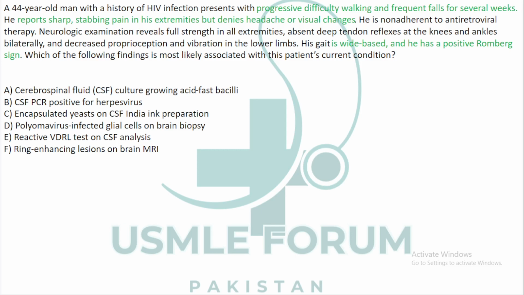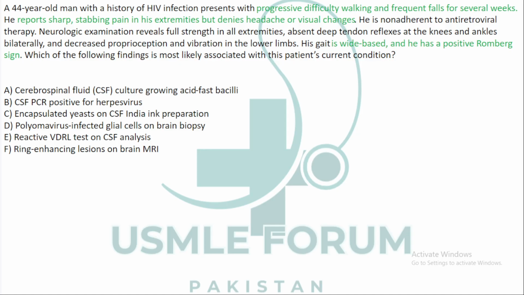Of course, the option E is the right one, because CSF VDRL detects neurosyphilis, and in this case, tabes dorsalis, classic tertiary syphilis with posterior column and root degeneration. Perfect, it fits everything. Then the option with ring enhancing lesion on brain MRI.